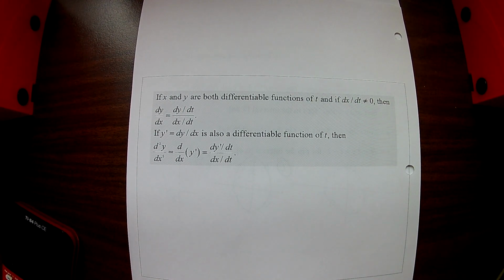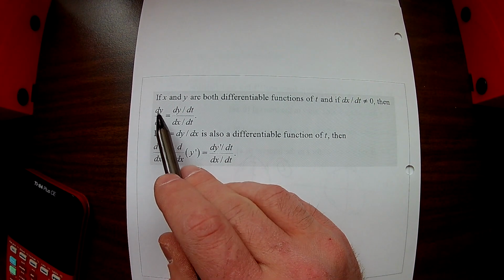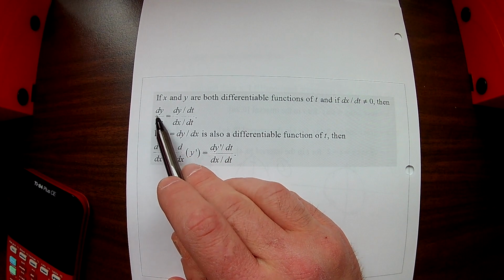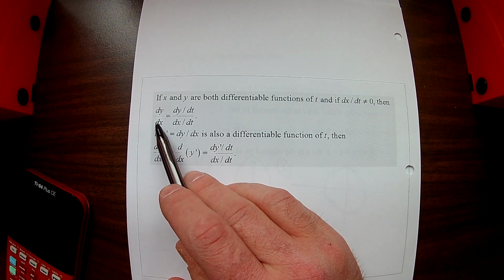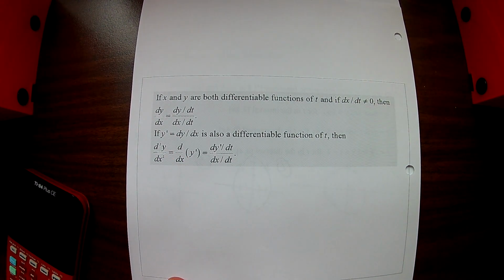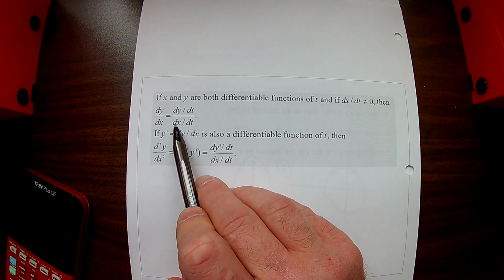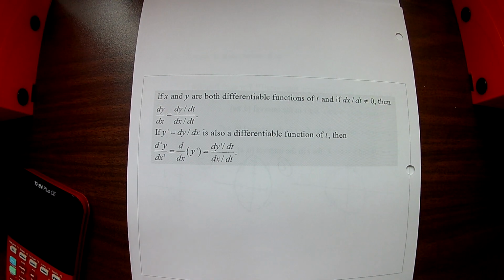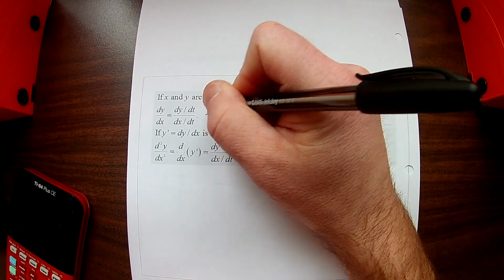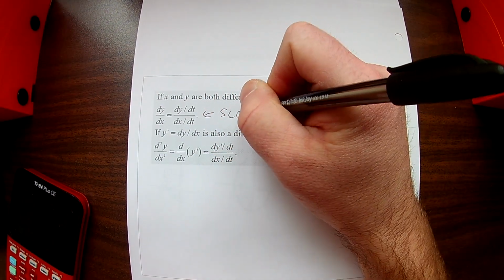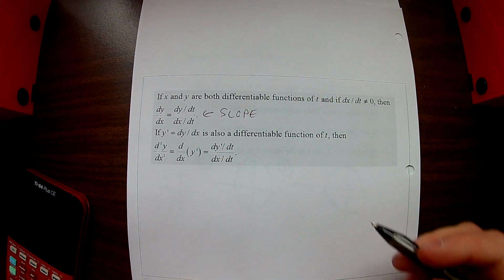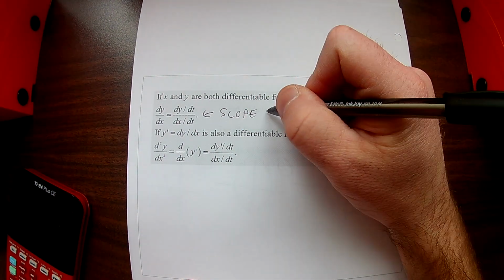But again, I don't want to take too much time. So you can see to find dy dx, what we've traditionally labeled as the first derivative, you're going to find dy dt and divide it by dx dt. And that'll allow you to give slope at any point, or at any time t.